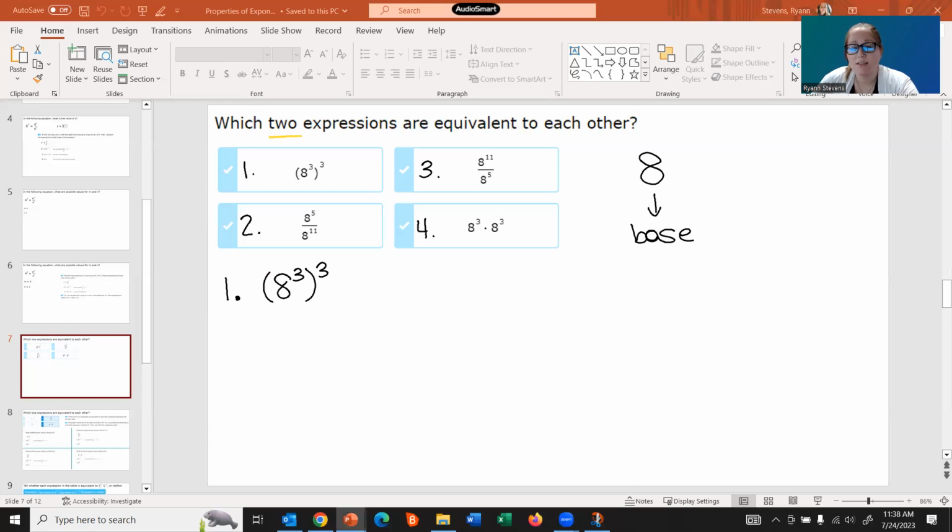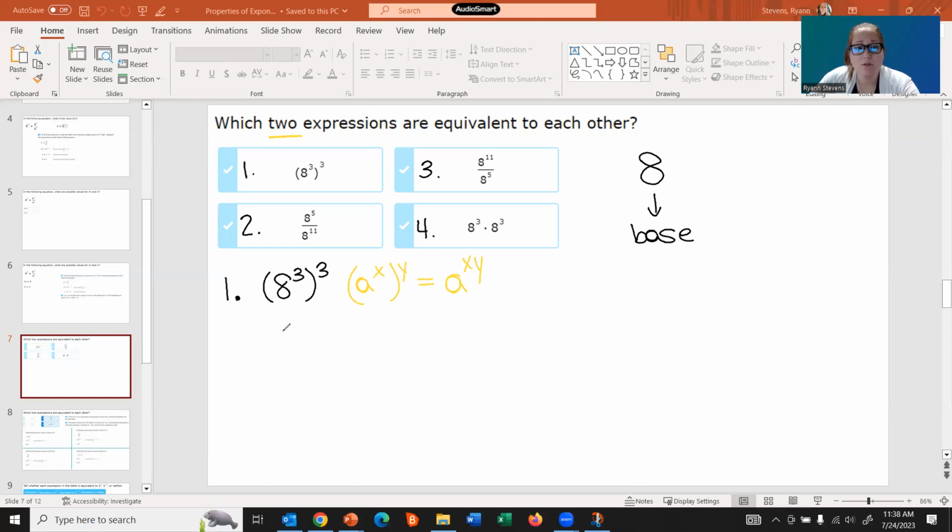When we look at this, this is actually the power of a power property, which tells us that we can multiply those exponents together. The power of a power property says that if we have our base, and let's say an exponent of x, and then on the outside the exponent of y, our base stays the same and we multiply x times y. And that's exactly what we're going to do with this expression.